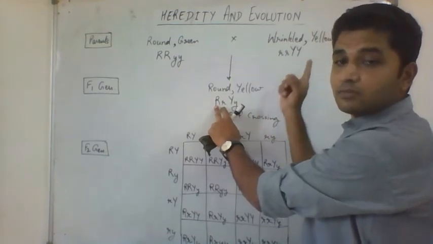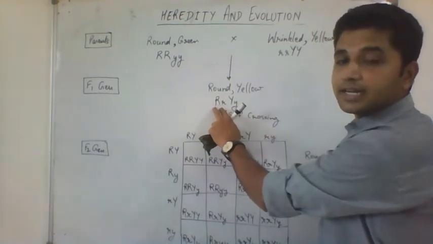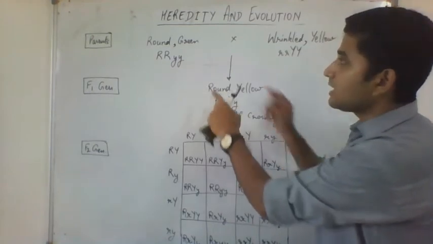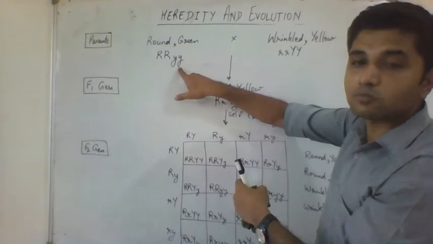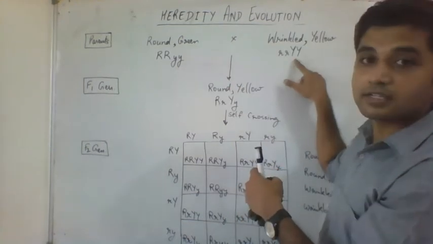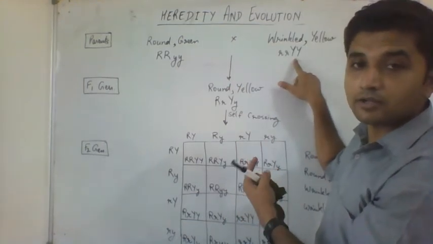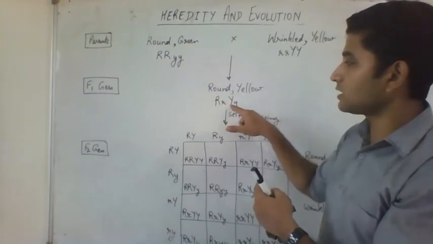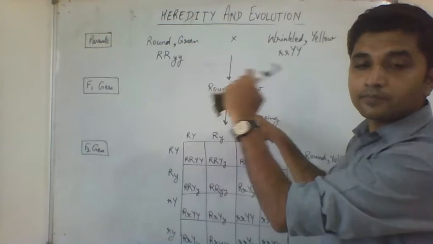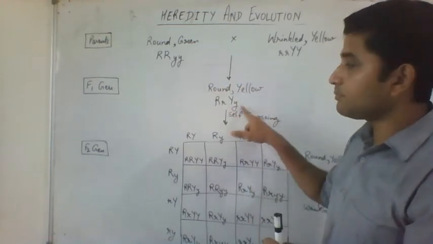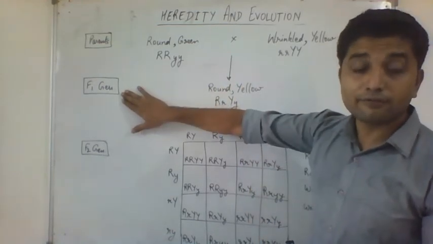That's how it gets a hybrid genotype. For the color, this plant is giving small y and that plant is giving capital Y. So this is the genotype of the F1 generation.